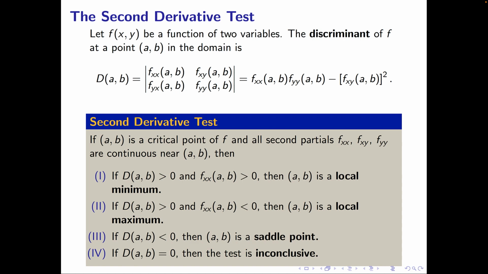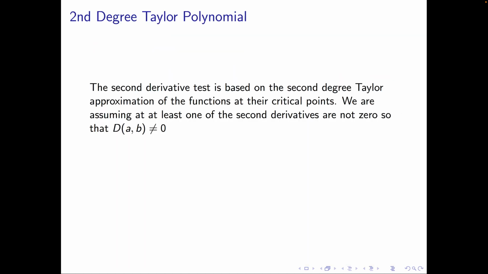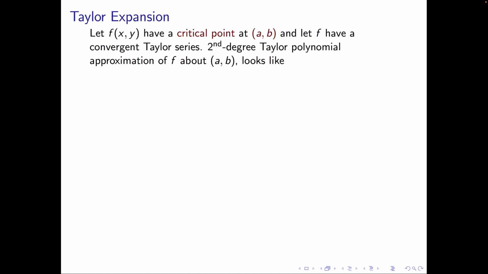What is happening here is that, as we said, we are approximating using a Taylor polynomial of degree 2. And we are assuming that at least one of the second derivatives is not 0. If all of them are 0, the discriminant is going to be 0, so it's not as interesting. Now, let's say that a, b is a critical point of f of x and y, and f has a convergent Taylor series.